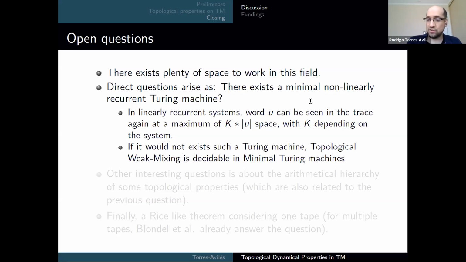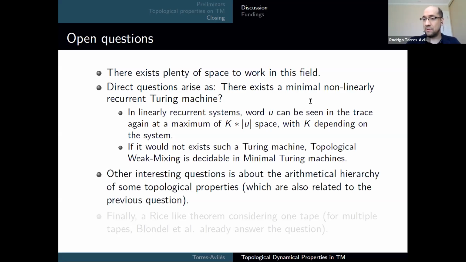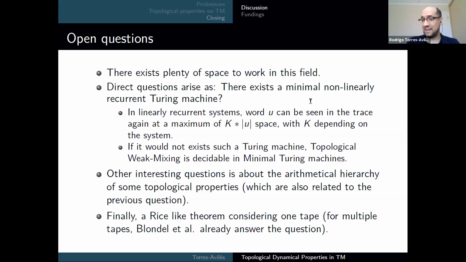If such a machine doesn't exist, and we don't have any example of that, topological mixing would in fact be decidable in minimal Turing machines. Another interesting question relates to the arithmetical hierarchy of some of the topological properties that are not yet tightly classified, and the previous result is highly connected to that.